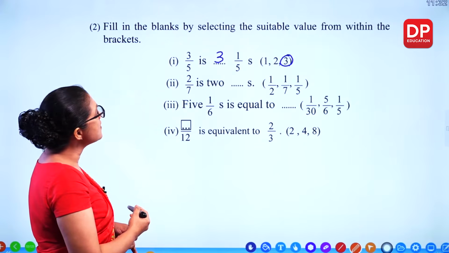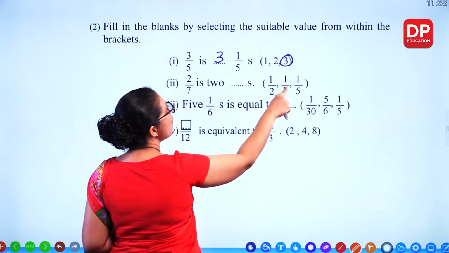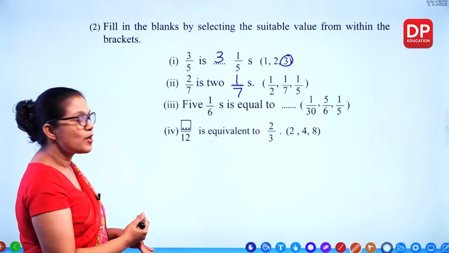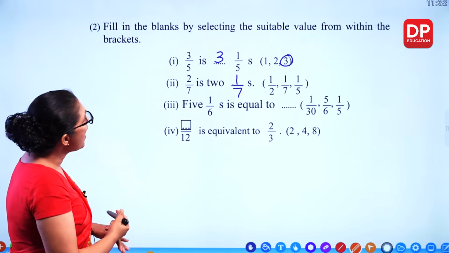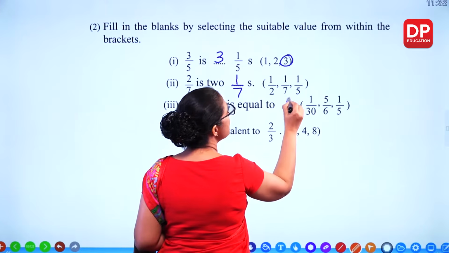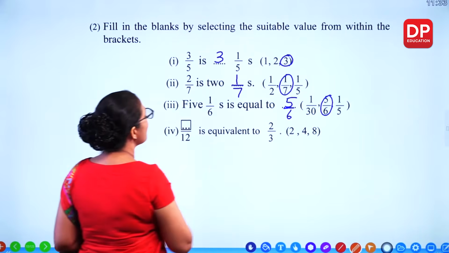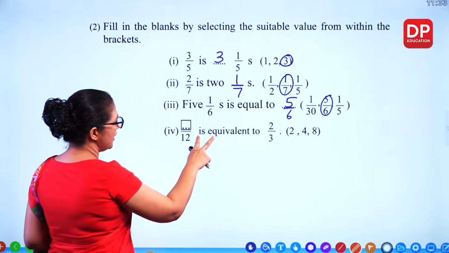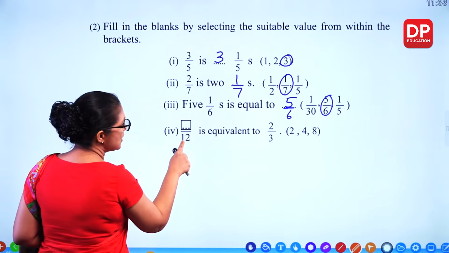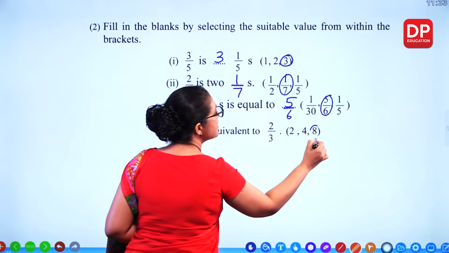Then 2 sevenths is what? 2 sevenths is 2 of 1/7. 1 over 7 plus 1 over 7. 5 1 over 6 is equal to 5 over 6. And equivalent fractions to 2/3 multiplied by 4. So 4 times 2, you get 8.